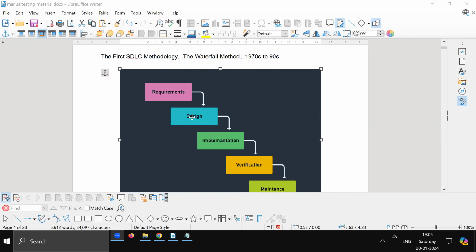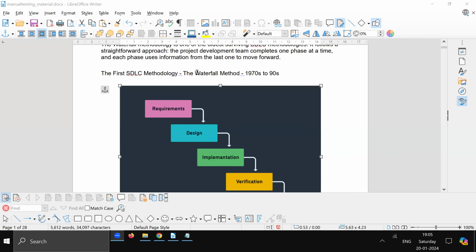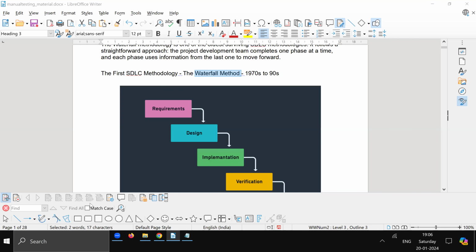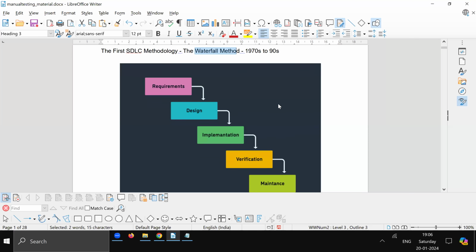Now, in the very beginning, software companies used to adopt a model called the waterfall model. Okay, waterfall model, see how does water flow?